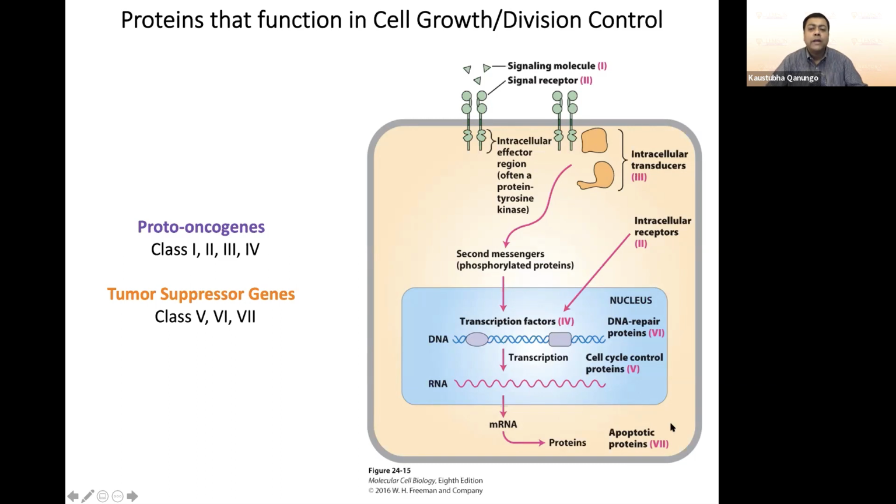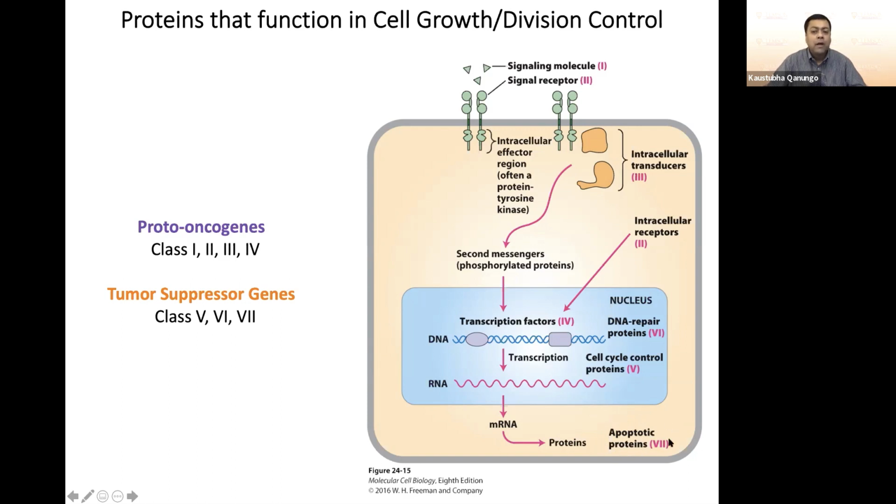And the last one is the apoptotic proteins that we did not talk about. So the cell has a very specific, precise control that if you have unnatural growth or a cell is dividing where there is DNA damage, the cell has a mechanism to program the cell to kill itself. That is what is called apoptosis or programmed cell death.